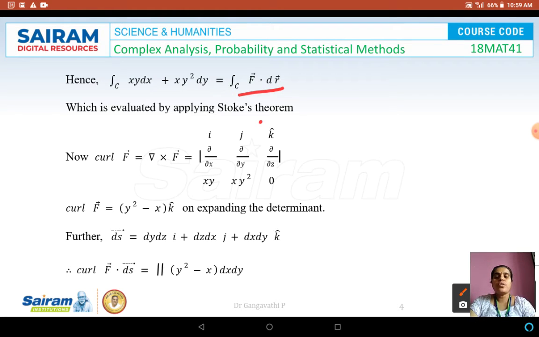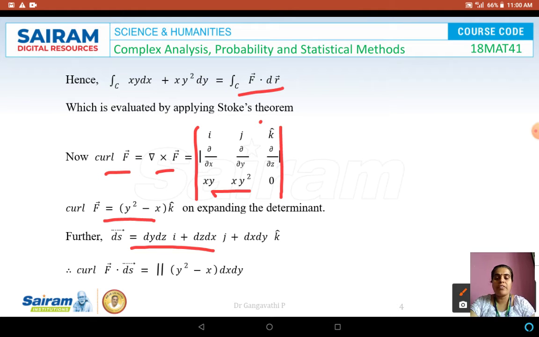In order to use the Stokes theorem we need to find the curl. So curl is del cross vector f. That is the determinant with i, j, k in the first row, dou by dou x, dou by dou y, dou by dou z in the second row, and the elements of vector f in the third row. On simplifying this determinant we get curl f is equal to (y square minus x) k cap, and ds is dy dz i cap plus dz dx j cap plus dx dy k cap.